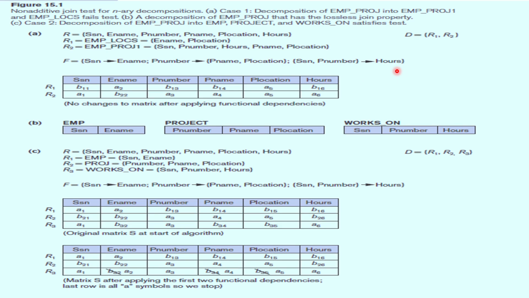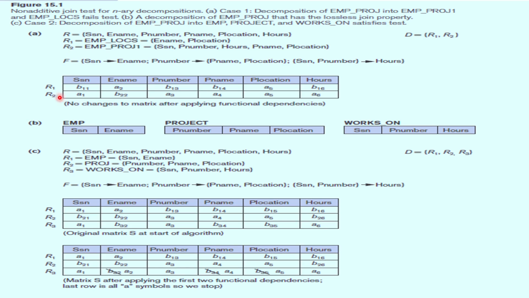Now our aim is to check whether it has the non-additive join property or not. So what does step 1 tell? You have to create a new matrix. The matrix rows are the relations. How many relations do you have? R1 and R2, so you require 2 rows.